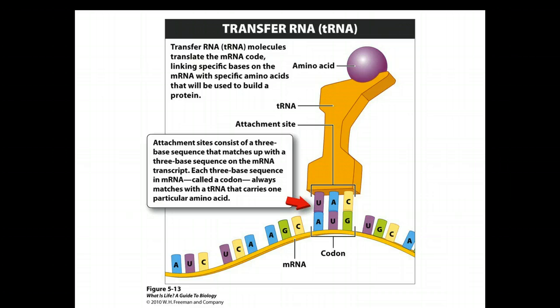So here's the transfer RNA. There is the unique attachment site. It's that codon, UAC, you can see the purple, blue, and yellow. Attached to this transfer RNA, you can see the amino acid at the top, and that's the specific amino acid for that particular sequence. So this is the decoder.